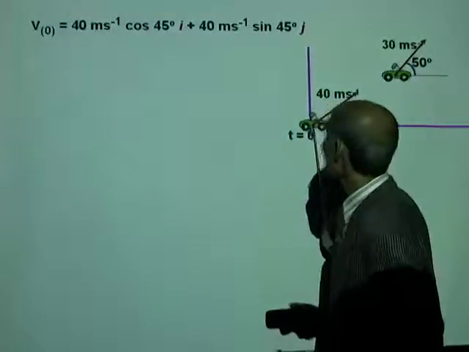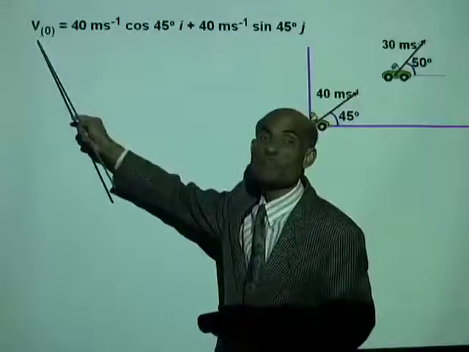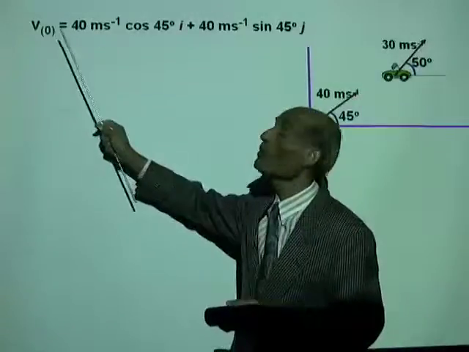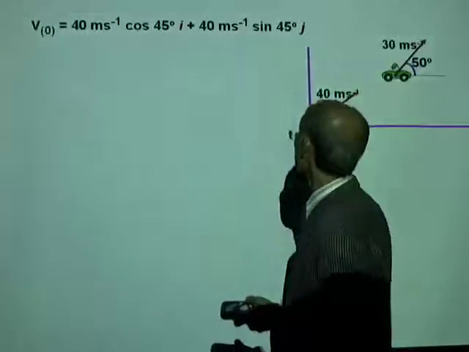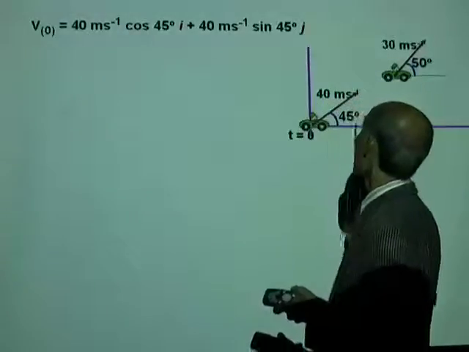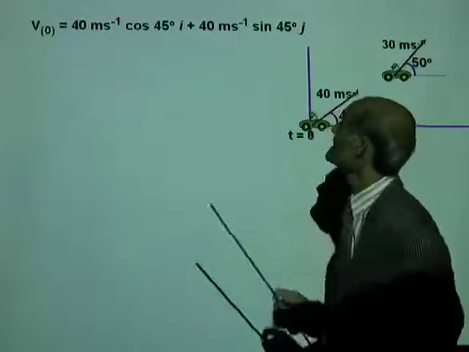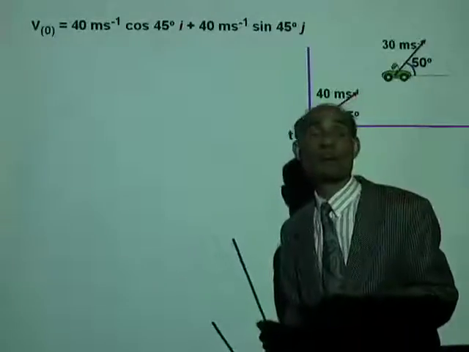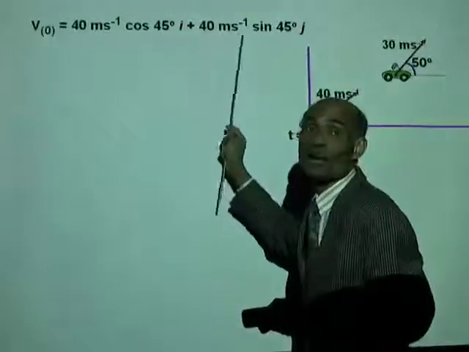So the initial velocity at t equal to 0, we call it v sub 0 or v0, is 40 meters per second cos 45 degrees i plus 40 meters per second sine 45 degrees j. Now use your calculator to work out those numbers.